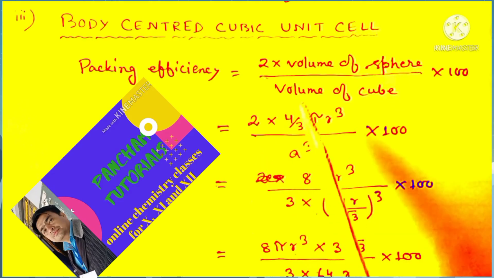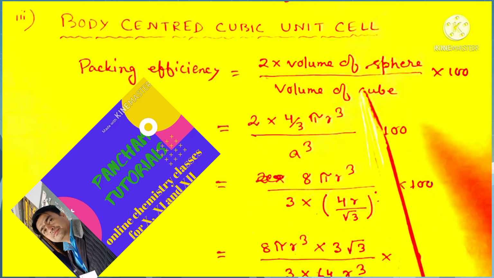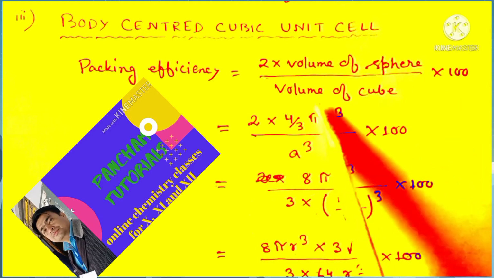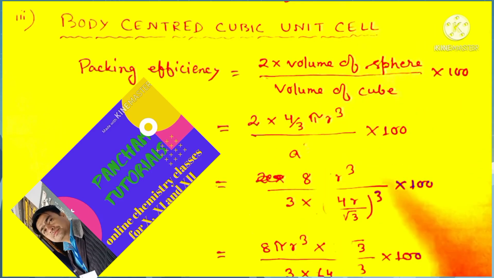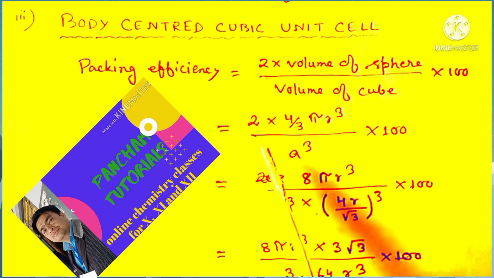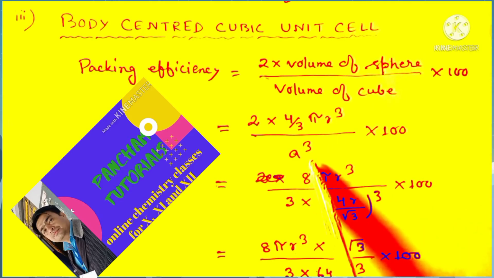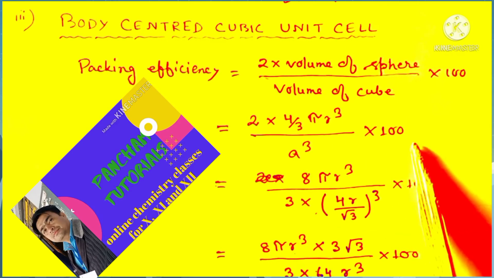Now we are going to put the formulas of the volume of sphere and the volume of the cube. By putting the formulas we get, in this way, 2 into 4 by 3 pi r cube divided by a cube multiplied by 100.